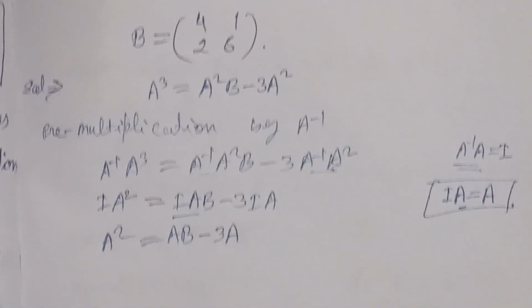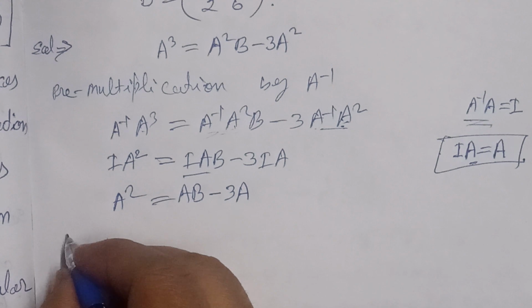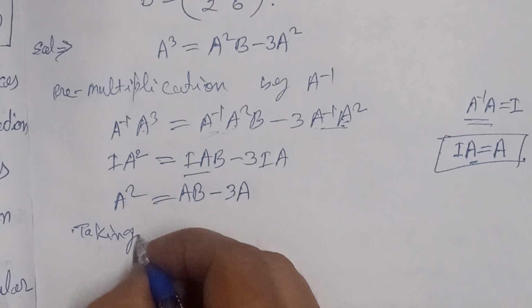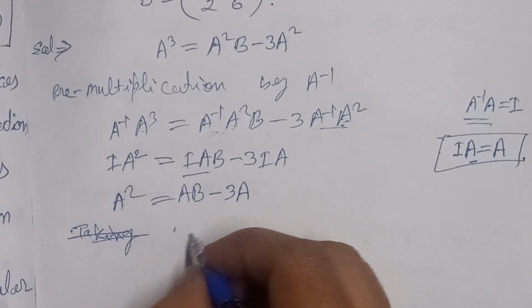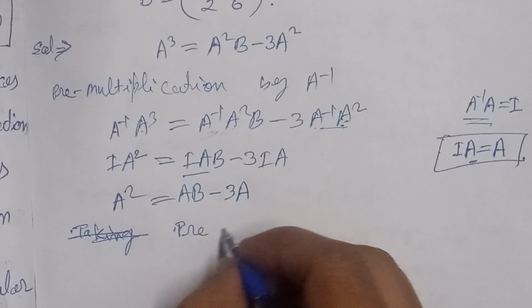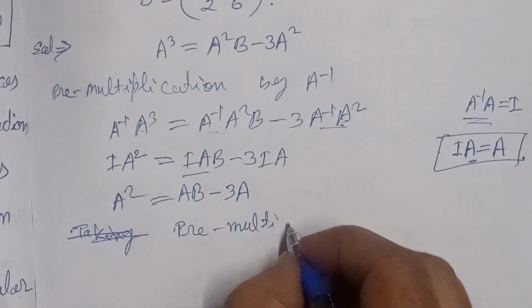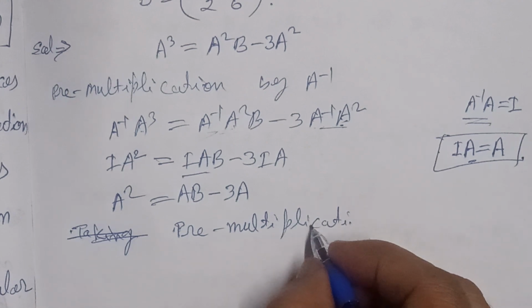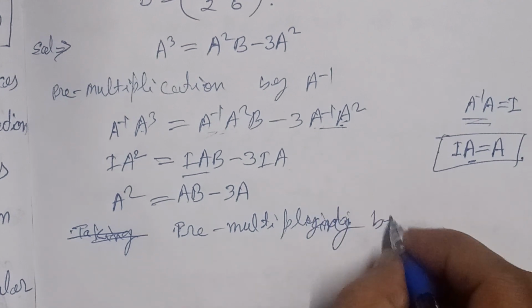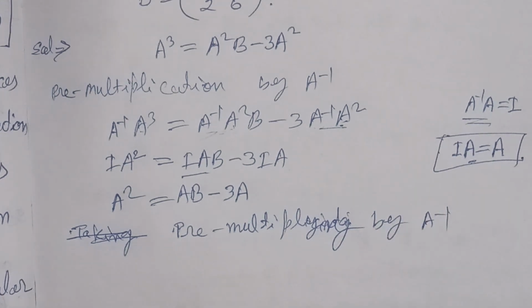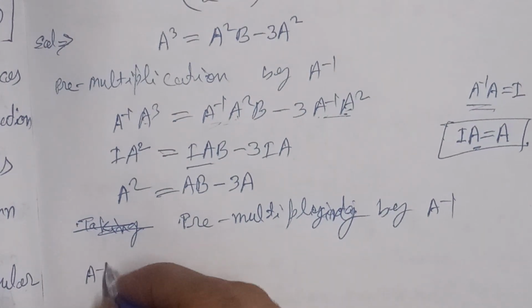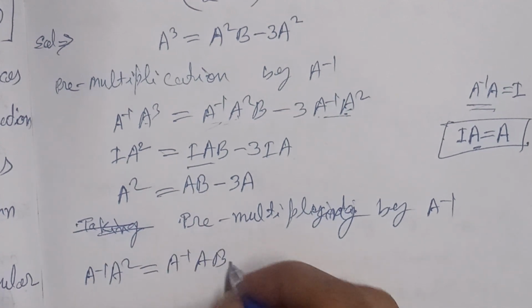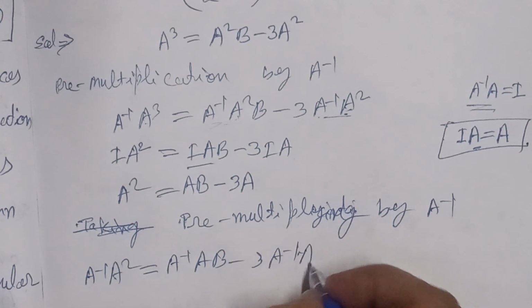Again pre-multiplying by A inverse, we get A inverse A square is equal to A inverse A B minus 3 A inverse A.